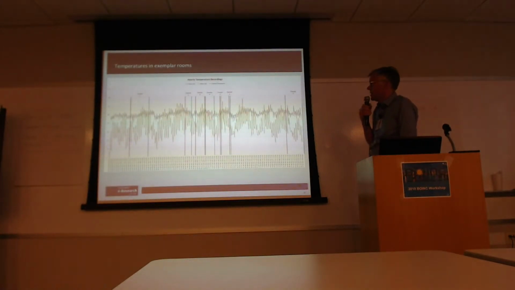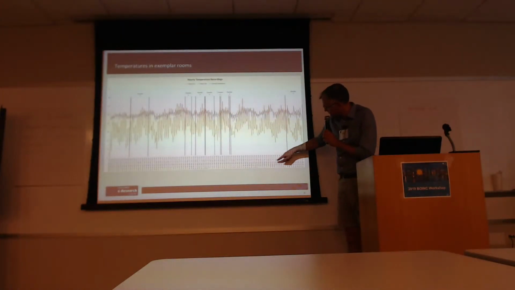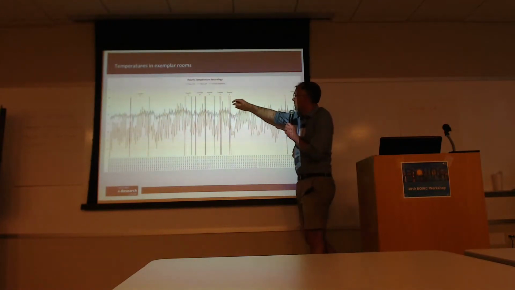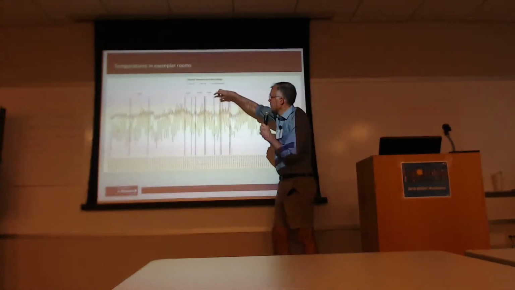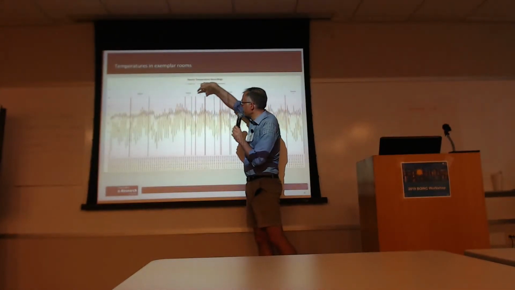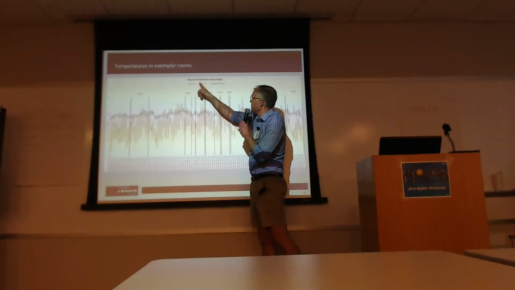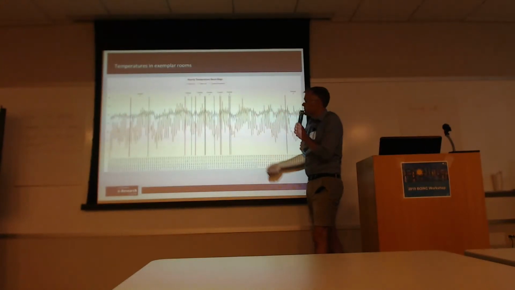This part is the external temperature, and this is days on the x-axis. These are the batches between the red and the green, and this is the room temperature in one room and the temperature in the other room. So these are the raw results.